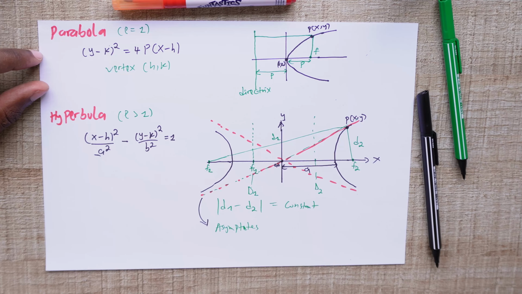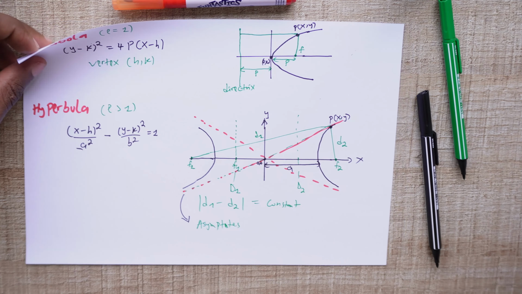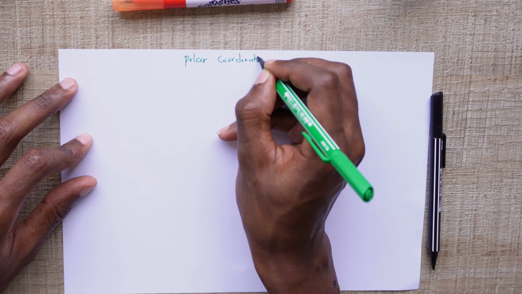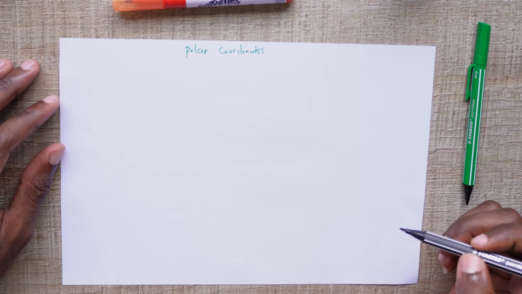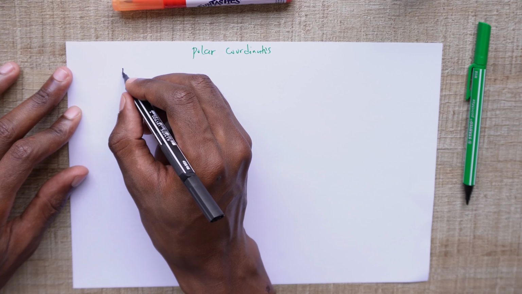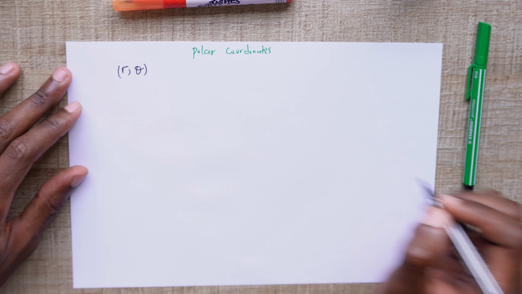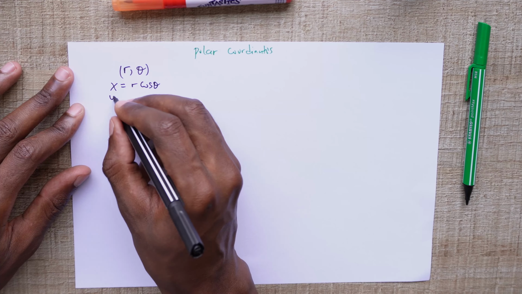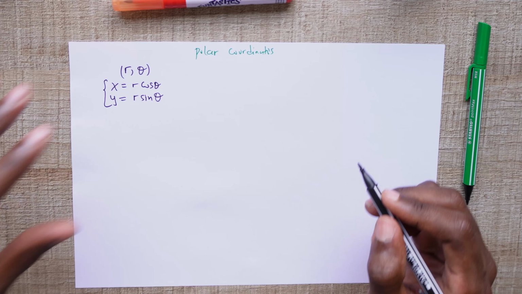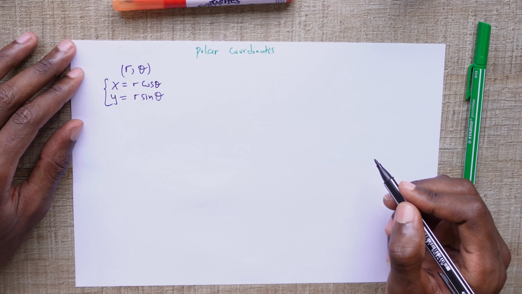So it's also possible to express these equations in polar coordinates. So let's look at that. In polar coordinates, where any point is defined by a distance, small r, and an angle theta, we can apply the transformations x equals r cos theta, y equals r sin theta, to transform the equations that we saw into polar equations.